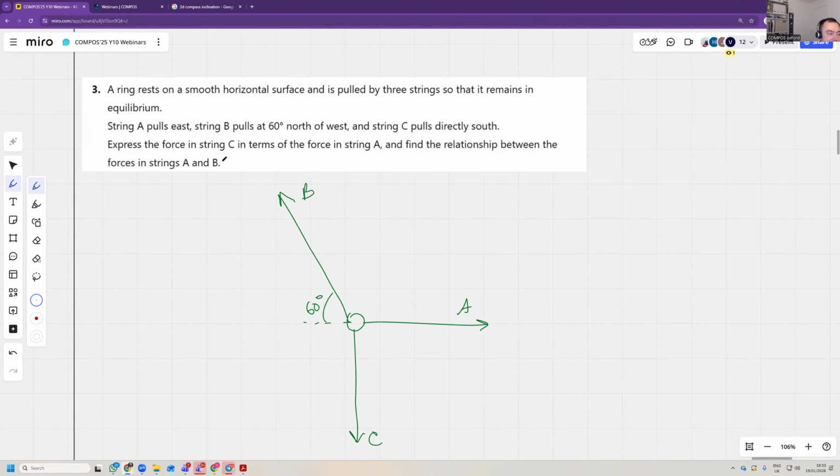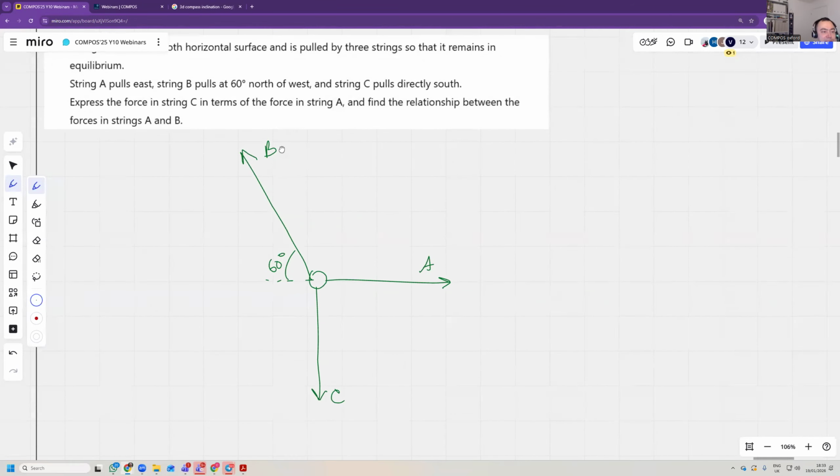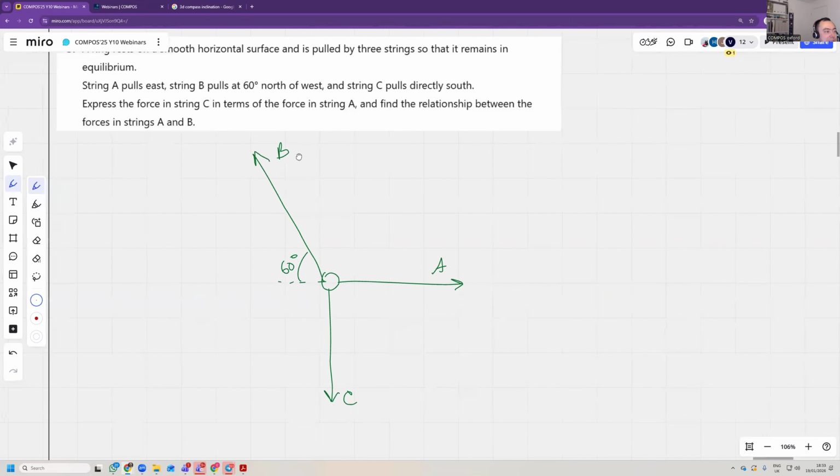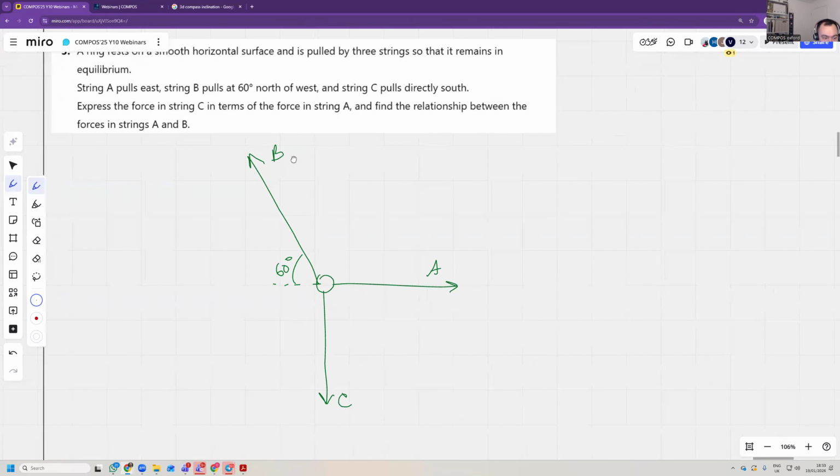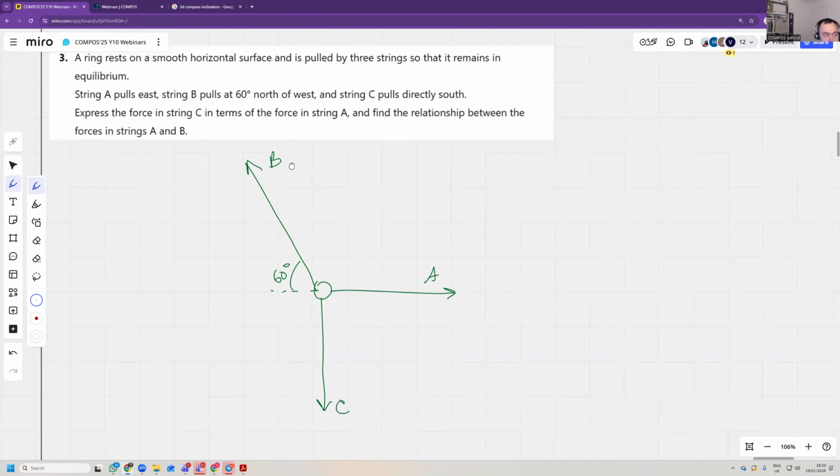Express the force in string C in terms of the force in string A, and find the relationship between forces in string A and B. To answer this question, you need to resolve vector B into horizontal and vertical components.